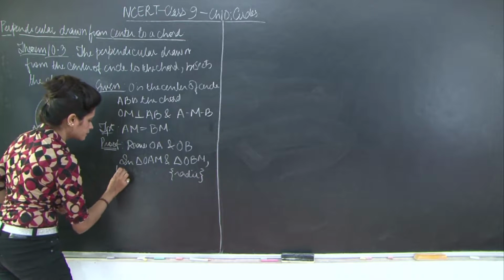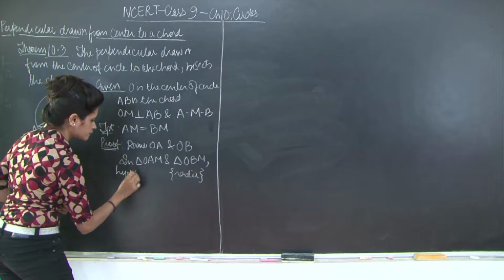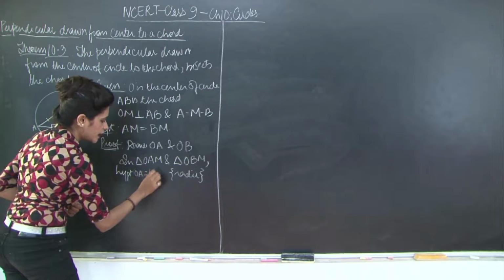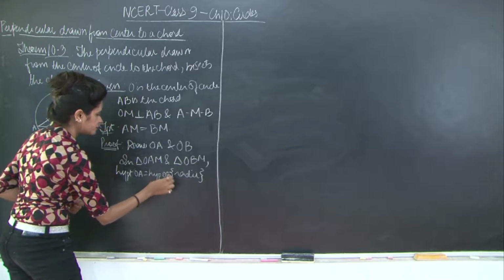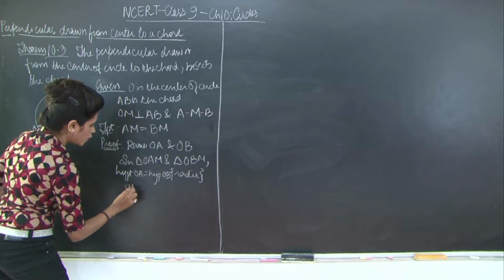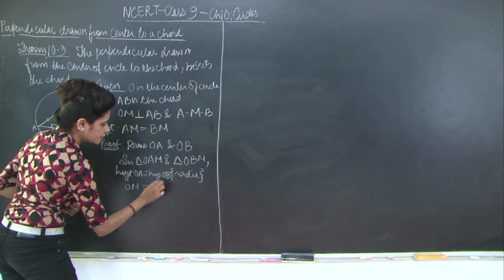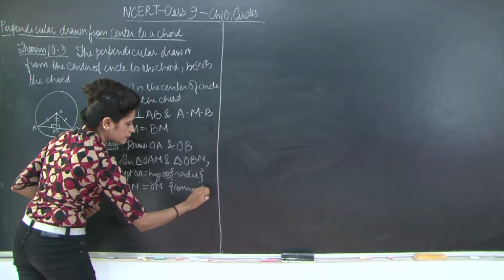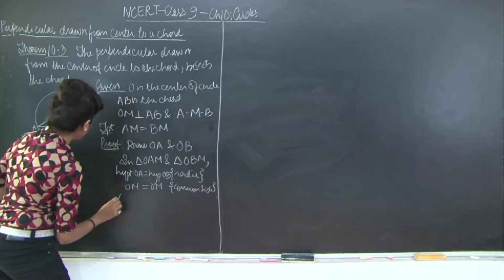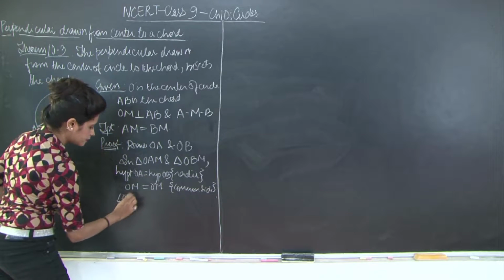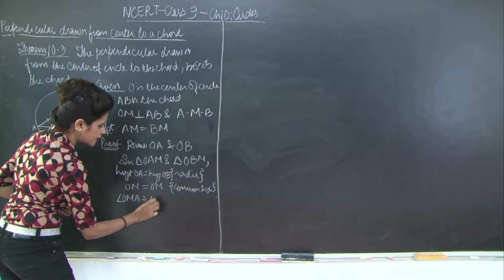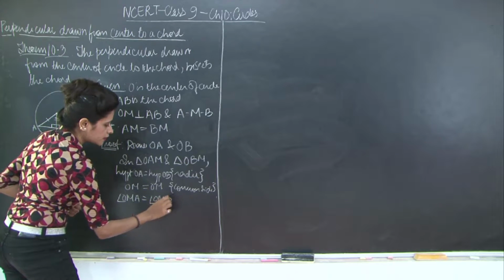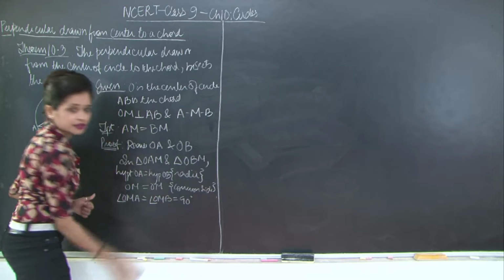Hypotenuse OA is equal to hypotenuse OB. Then you have OM is equal to OM. It's the common side. And you have angle OMA is equal to angle OMB is equal to 90 degrees.